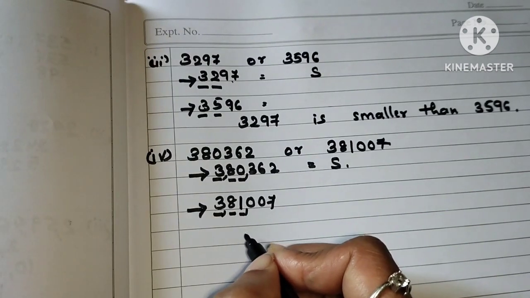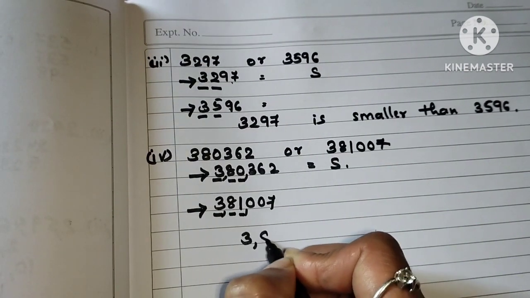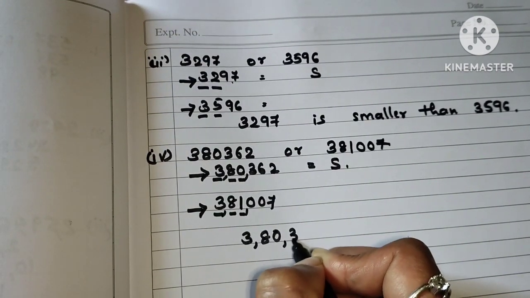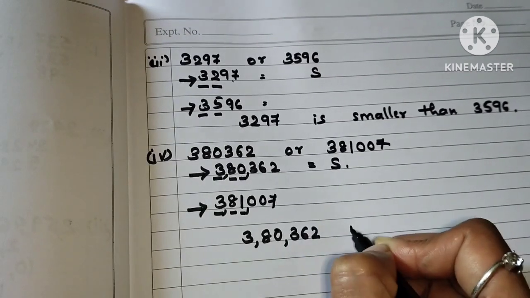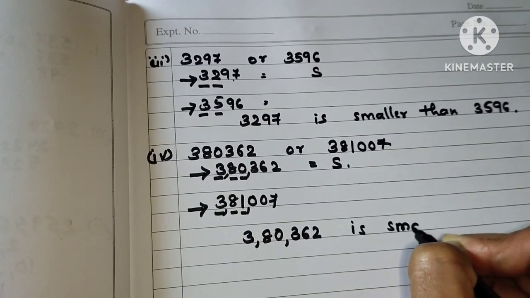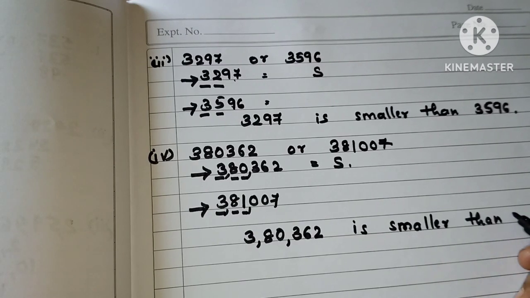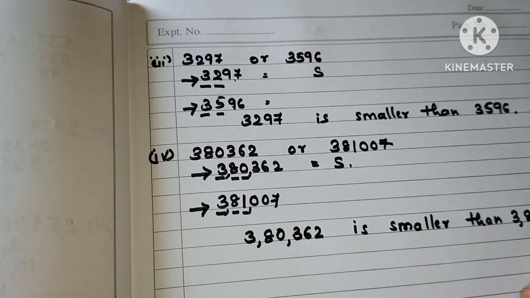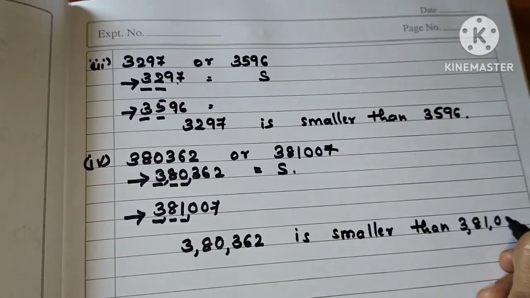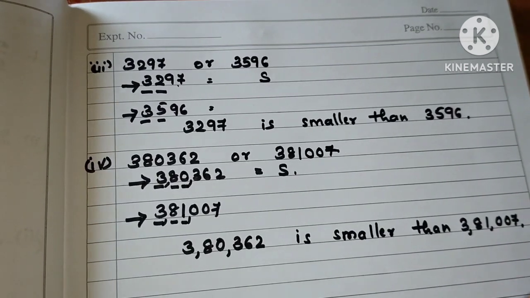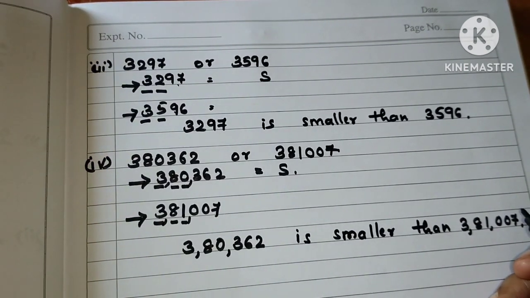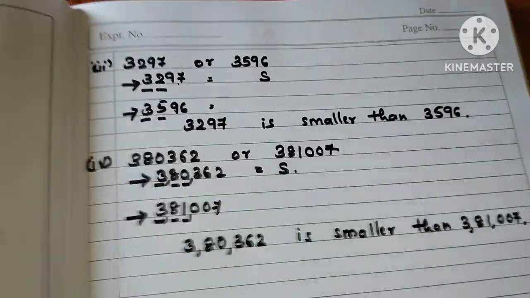Now we can write it as 3,80,362 is smaller than 3,81,007. Okay, first and second main is over, children.